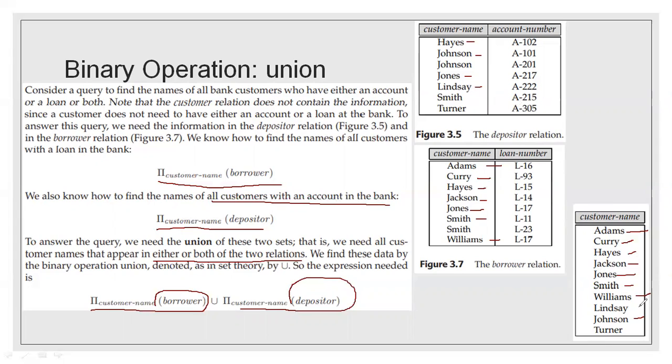Lindsay, yes, taken. Smith already taken, so eliminated. Turner, yes, new entry, it is displayed. So for this query, this is the output table. So this is called union, the combination of both the tables.